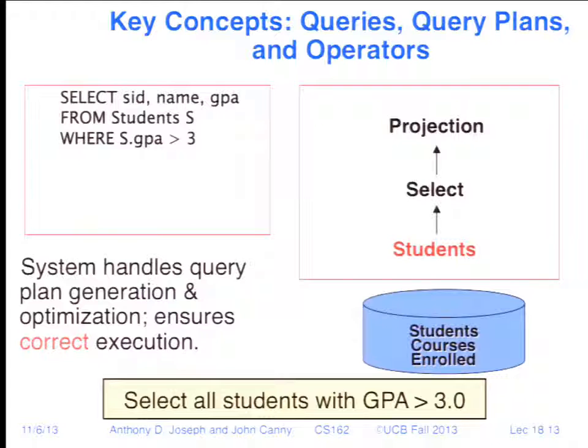So the idea of the database system is, among other things, it includes a query optimizer that's going to take this abstract specification and map it into a series of operations which you can think of as a data flow on this, really a stream of data coming from the originating table. In this case, it's doing the select first, so it's filtering by that predicate there, and then it's doing a projection of the full width tuples.